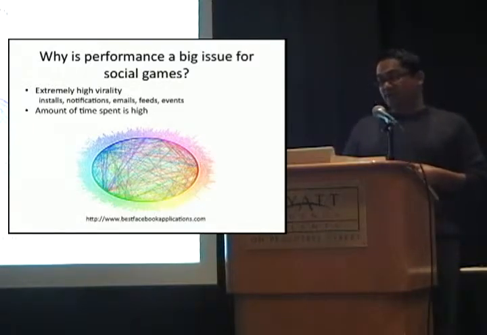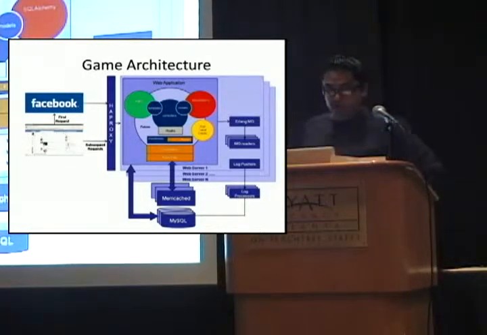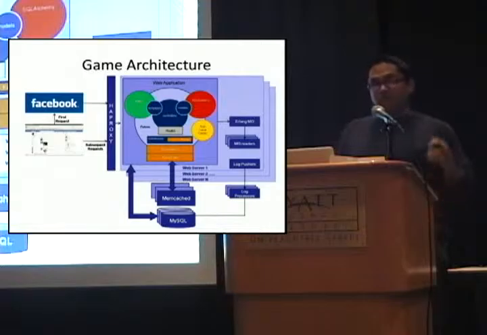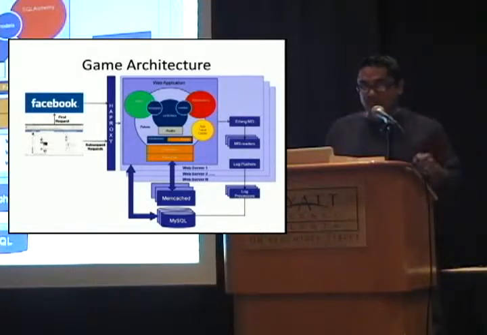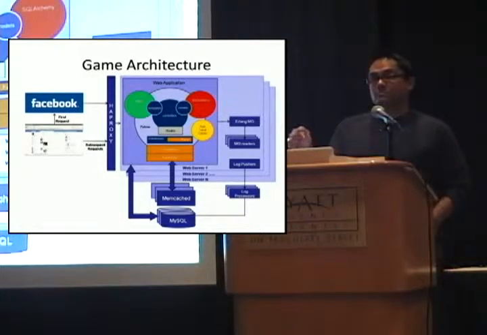Let's look at the high-level architecture of how these games work. This represents the modules or components that we have, but in general it represents what social games look like. So when you're on Facebook, when you first type any app, like let's say apps.facebook.com/band of heroes or Mafia Wars, the first request normally goes to Facebook.